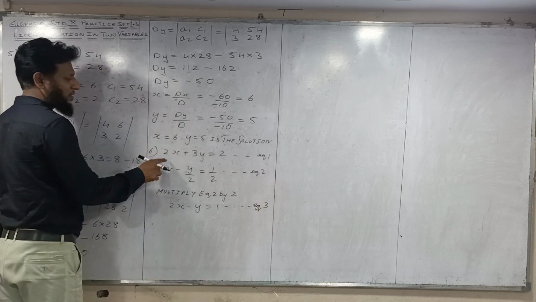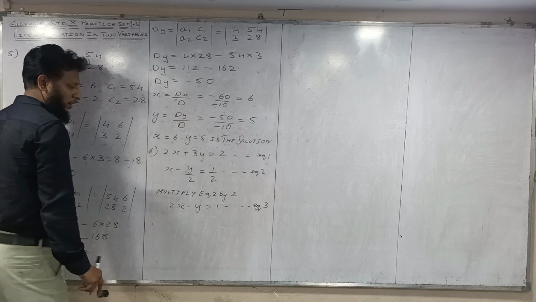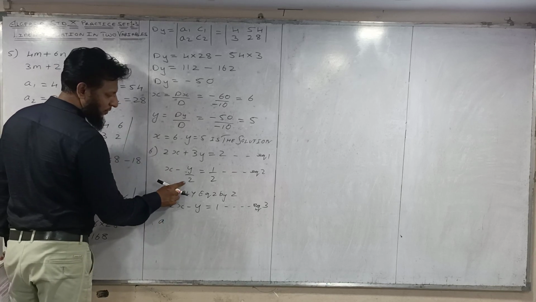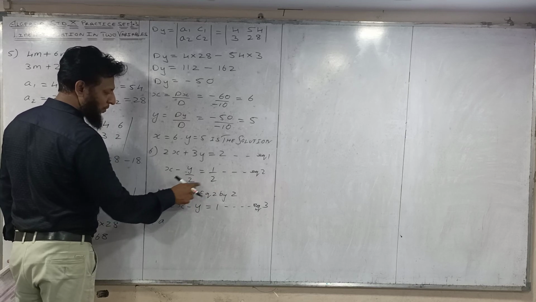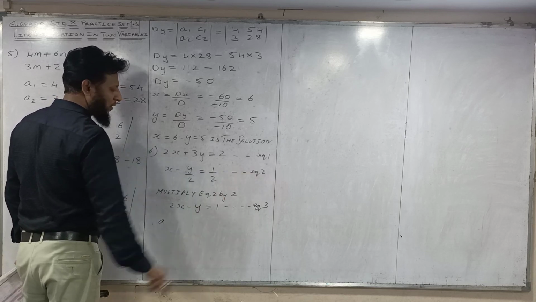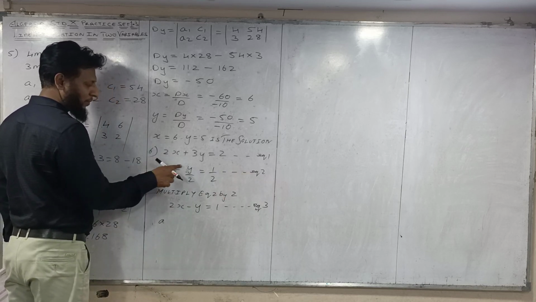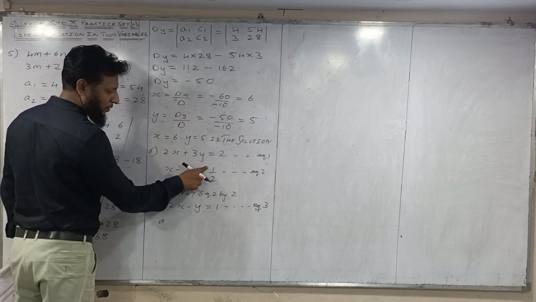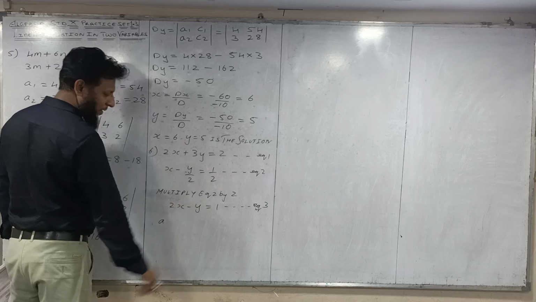So now we'll take this equation 1 and 3. To remove this 2 we have to multiply the full equation by 2. So 2x, when you multiply by 2, this 2 and this 2 will cut. When you multiply this by 2, 2 and 2 cut, only 1 will be left.